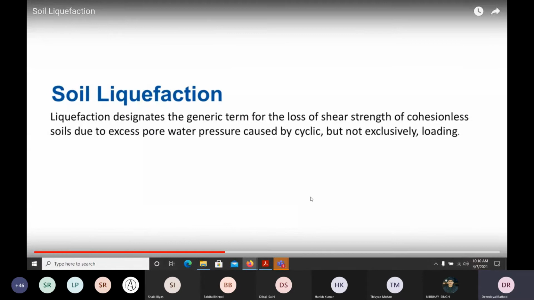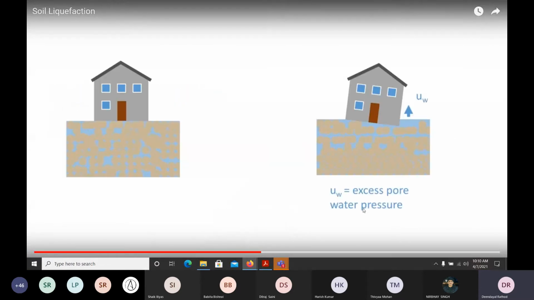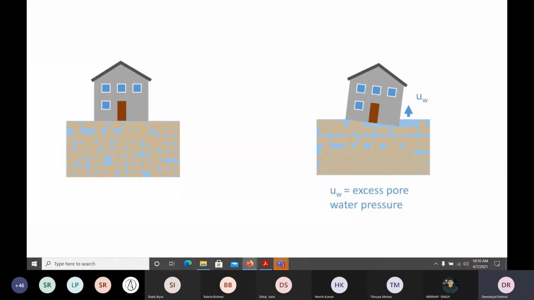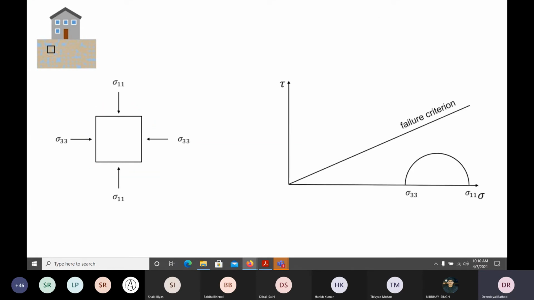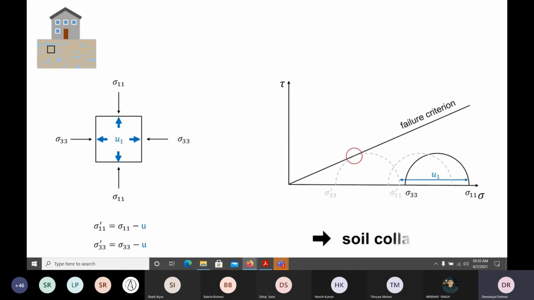Very interesting. Because of the pore water pressure, the Mohr circle is shifting and touching the failure envelope. When it touches, the soil tries to collapse.